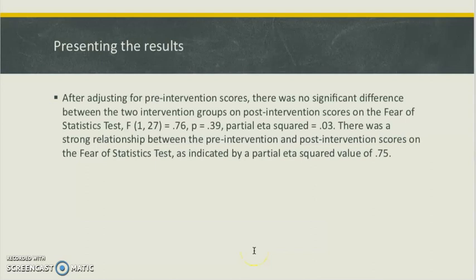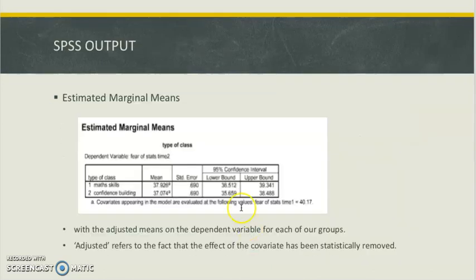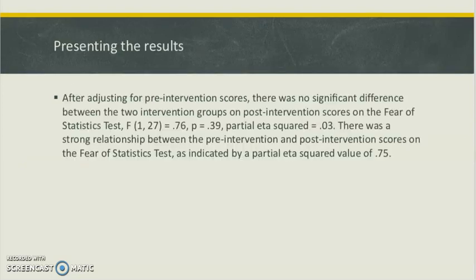So after adjusting, here we can see that the mean difference between math skill and confidence building in the pre-test is very small. Maksudnya they are almost the same level, because the difference has been removed by ANCOVA. So after adjusting for pre-intervention score, there was no significant difference between the two intervention groups on the post-intervention score of the field of statistics.